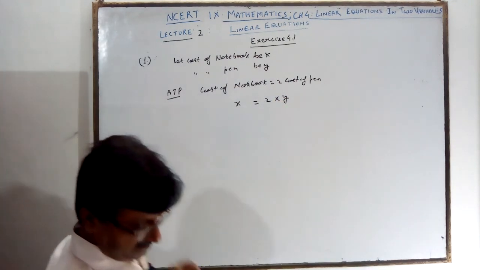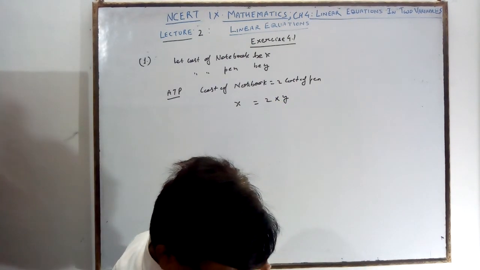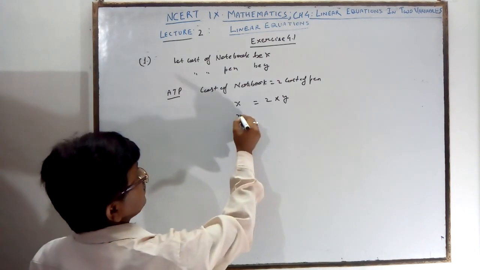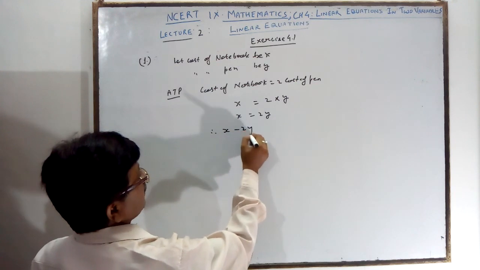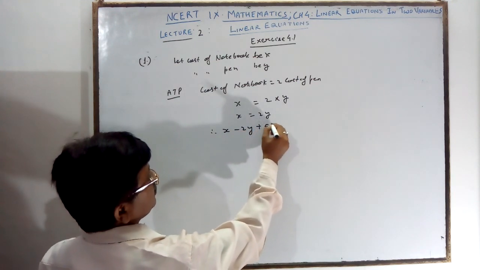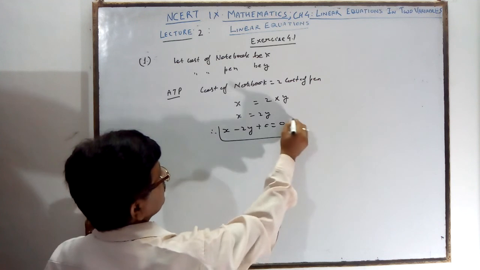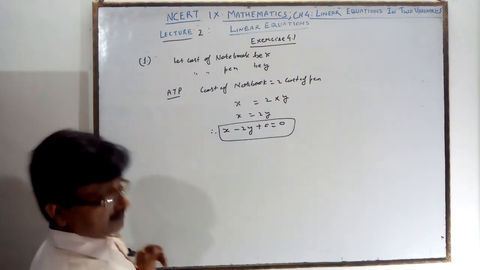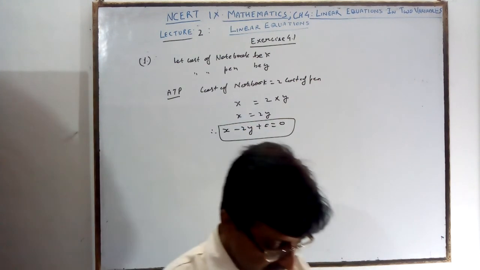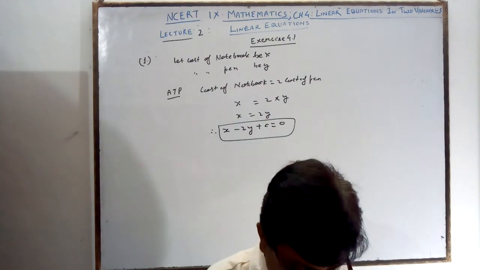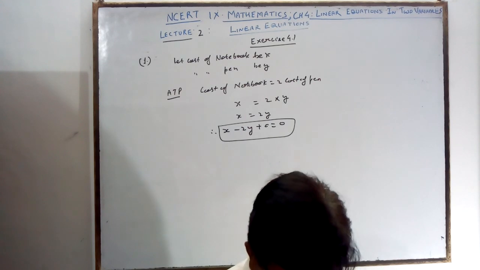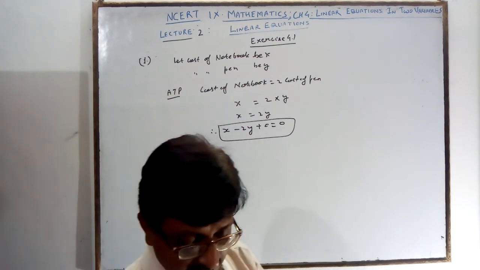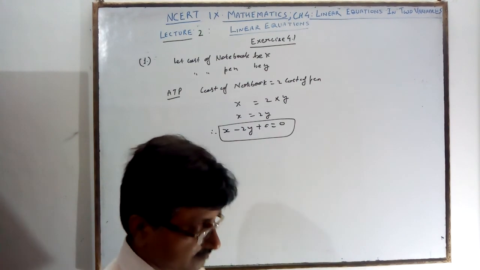So you can write x is equal to 2y. So x minus 2y plus 0 is equal to 0 is your equation in two variables. It is very simple. You are getting here x minus 2y is equal to 0.